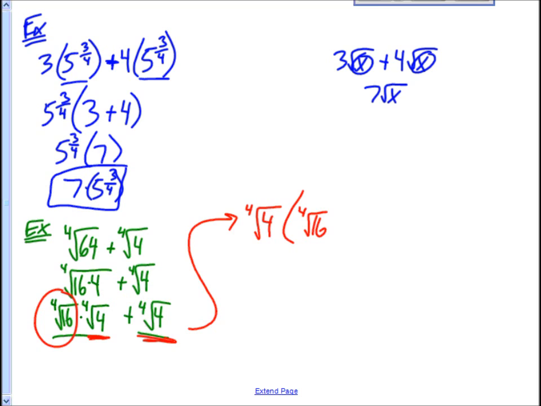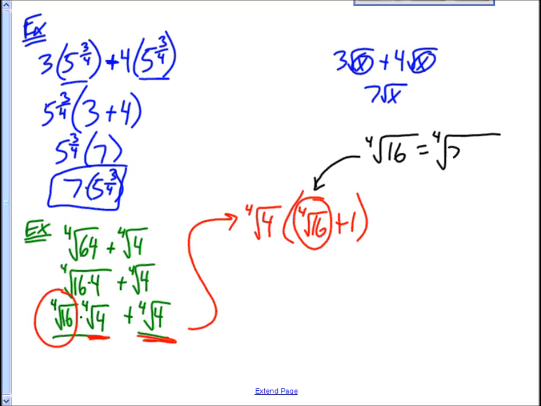And then I got plus the 1 there, okay? Now, this 4th root of 16, what's the 4th root of 16 right there? Well, 16 is 2 times 2 times 2 times 2, right? So you got 4 of those. It's actually 2, isn't it?